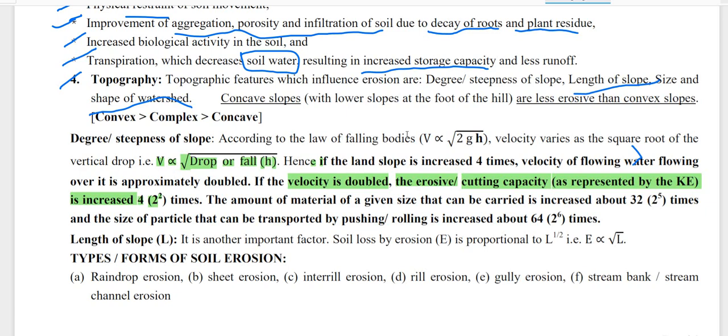We have to first think with v equal to square root of 2gs, and after that kinetic energy is proportional to v squared. So erosion or cutting capacity means kinetic energy, and the amount of material that can be carried is proportional to 2 to the power 5 times, and the size of the material that can be transported, that was the amount, and the size will be 2 to the power 6 times.